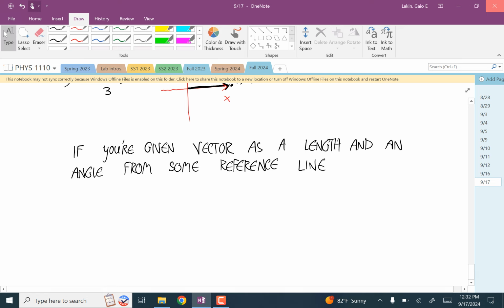So for example, the reference line in this case is just the vertical. And say that you're given a vector and told that it has a length of 10 and it makes an angle of 20 degrees with this vertical.